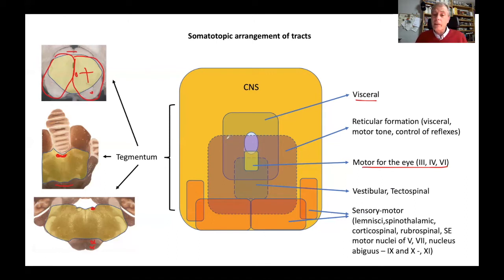The reticular formation that is in the tegmentum is a very large area and is involved in visceral control, muscle tone and motor tone, control of reflexes, etc. Okay, there we should have the reticular formation.